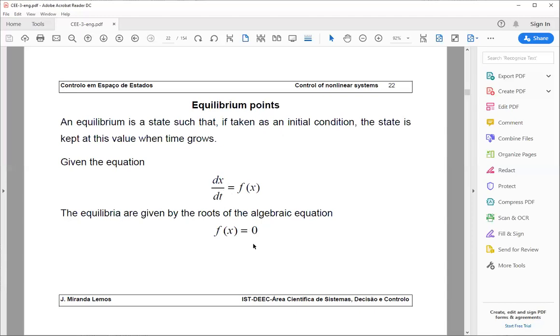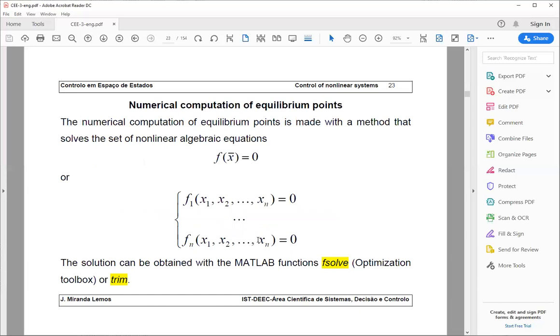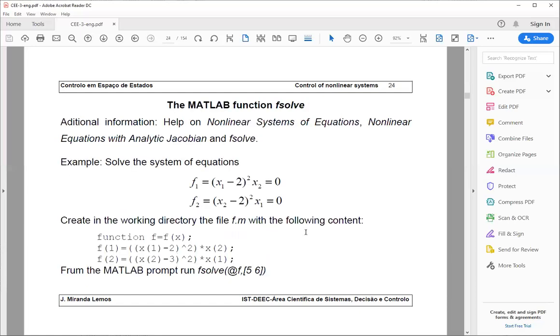So you can easily obtain, at least from a conceptual point of view, the equilibrium points by solving this nonlinear algebraic equation, f of x equal to 0. Of course, in general, you must resort to numerical methods, and there is abundant software for that. This is an example that I'm going to skip.